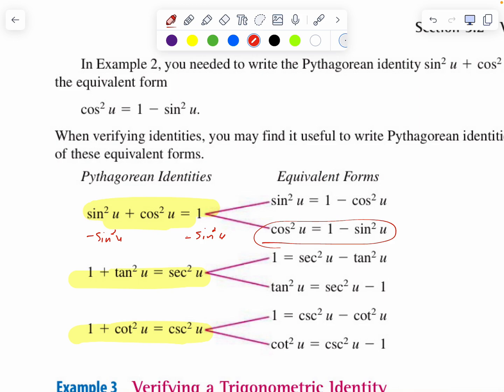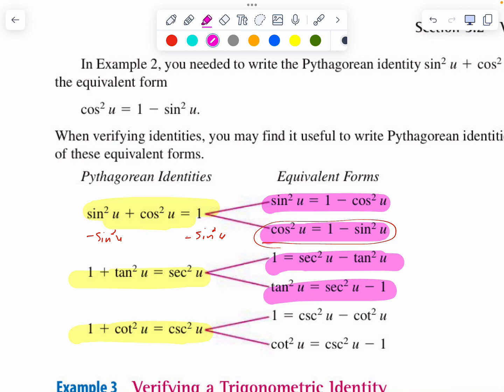So you're supposed to be familiar with the most popular version of the identity that I showed you highlighted in yellow, and you need to become familiar with the other not as popular versions of the identities that I highlighted in pink.